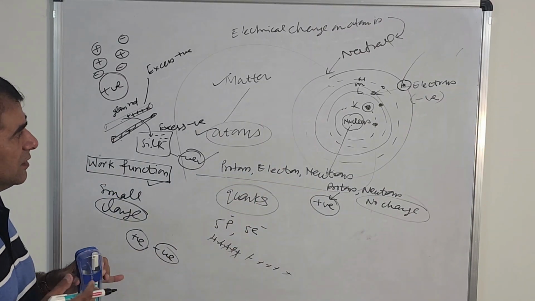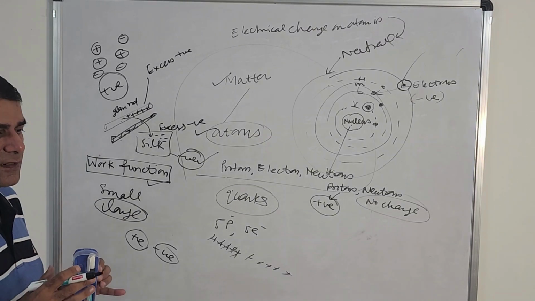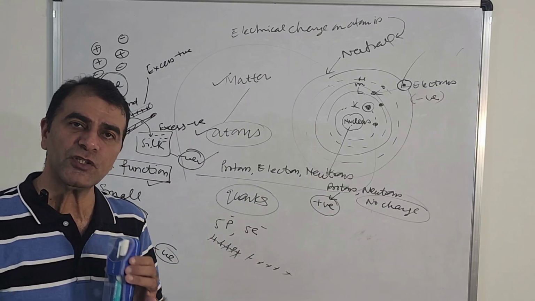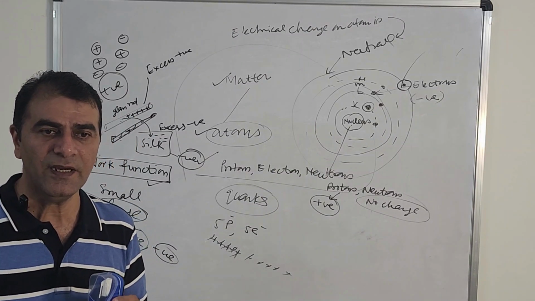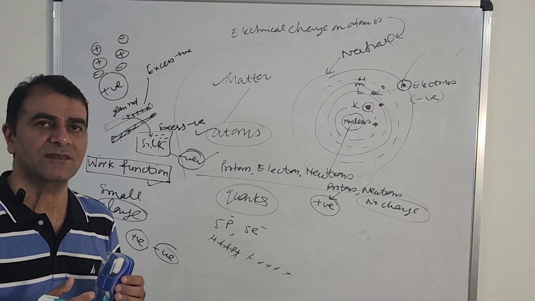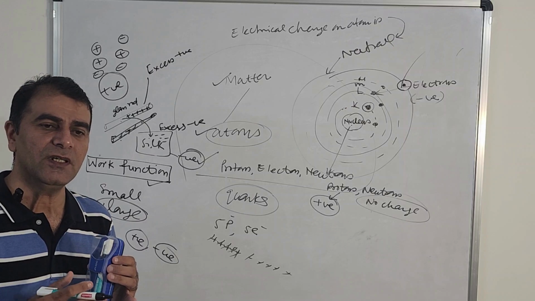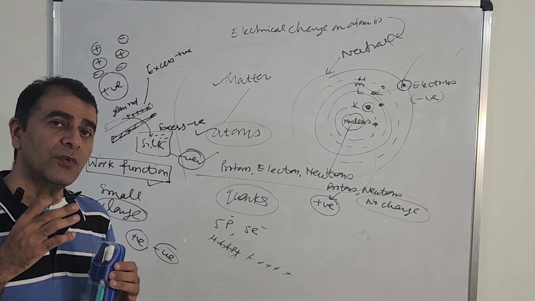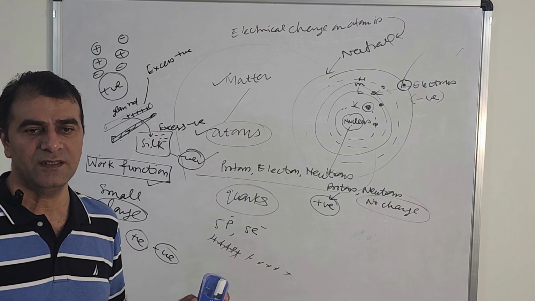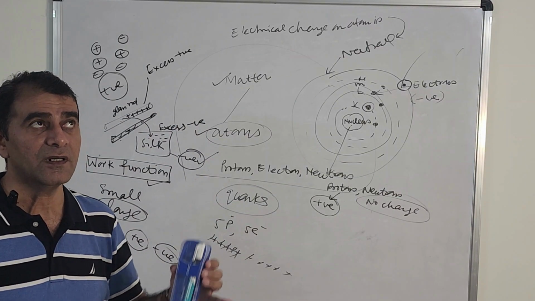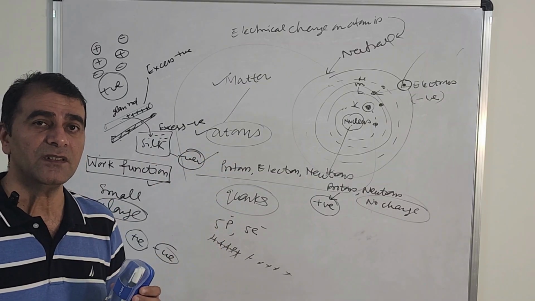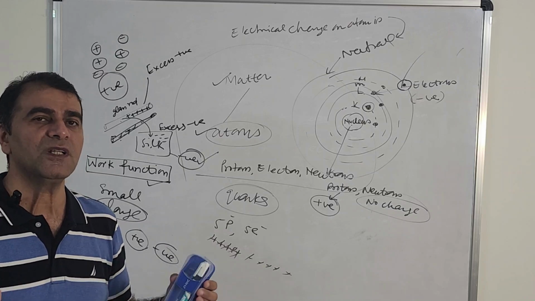We learned that frictional electricity is produced due to rubbing, due to friction between two bodies, and due to friction or rubbing, transfer of charge takes place. This transfer of charge is the reason behind frictional electricity, and there is nothing new in it. It is a very old phenomenon, from 500 BC to 1600 AD, a normal thing.